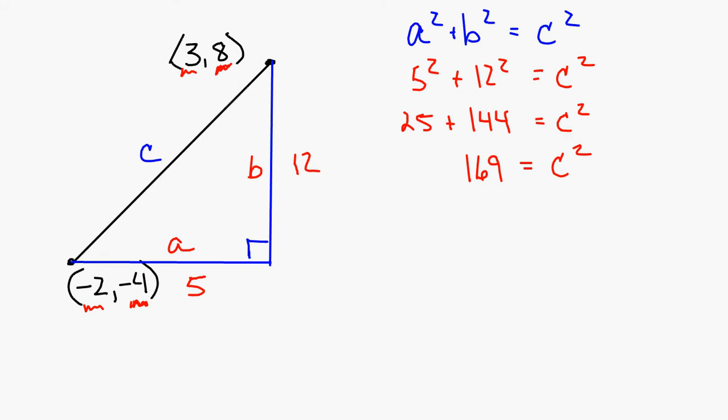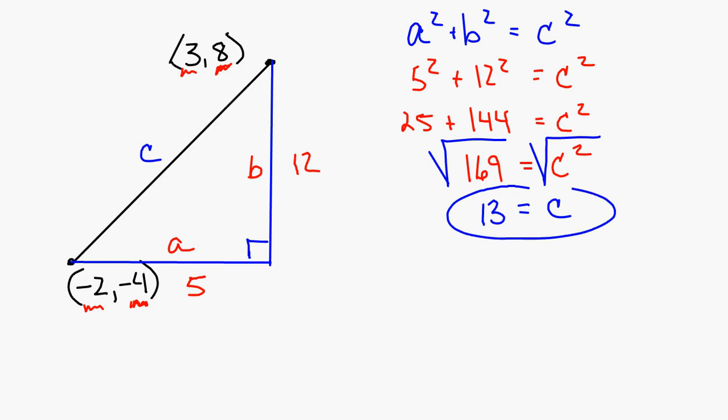Now, if 169 is equal to c squared, to find the value of c, you find the square root of each side of this equation. You already know that the square root of 169 is 13, and the square root of c squared is c. So there's the distance from point 1 to point 2.